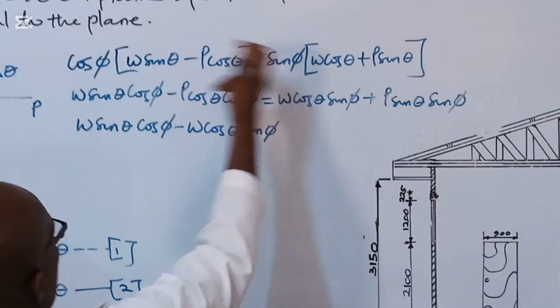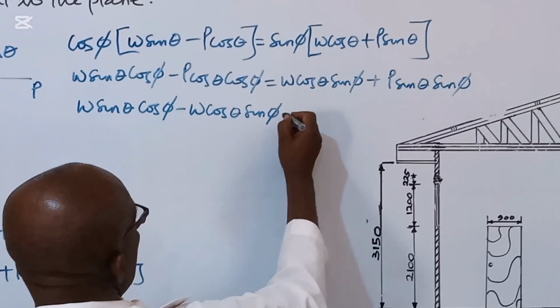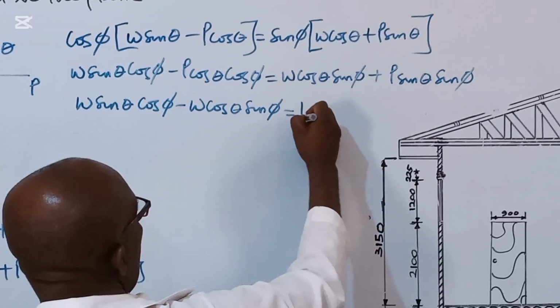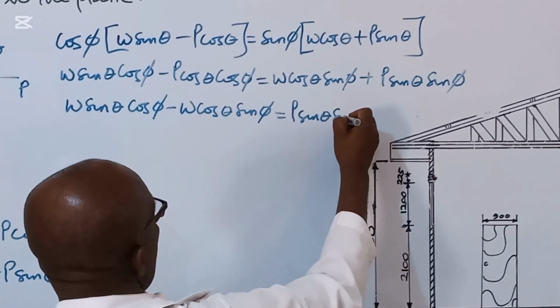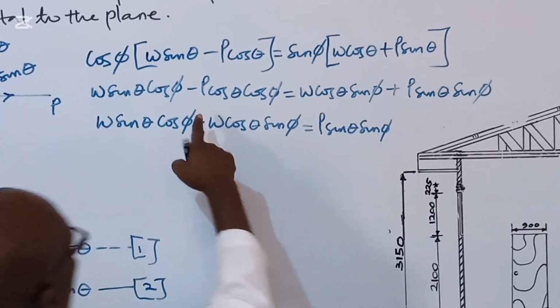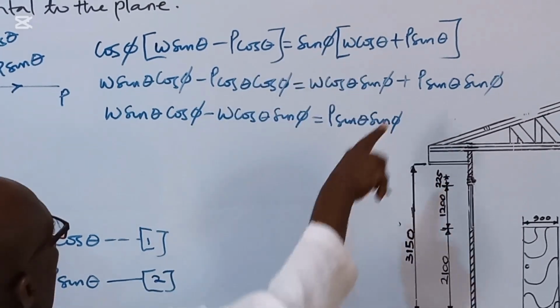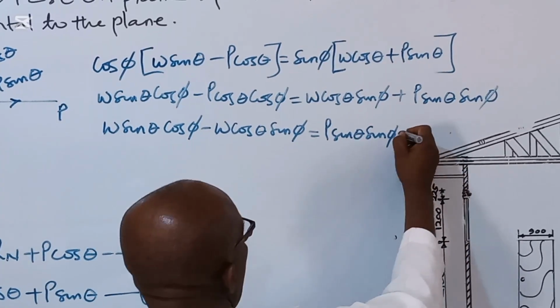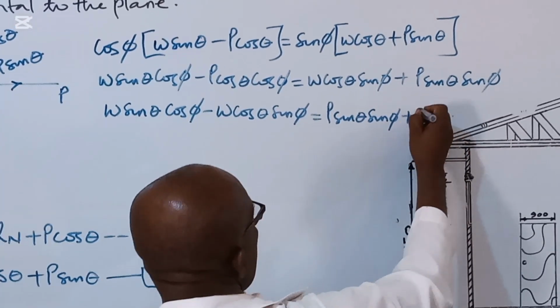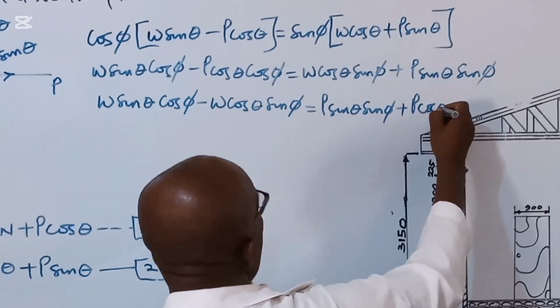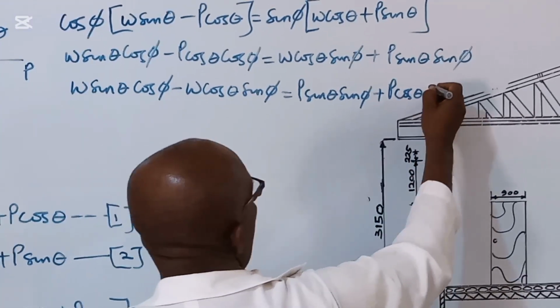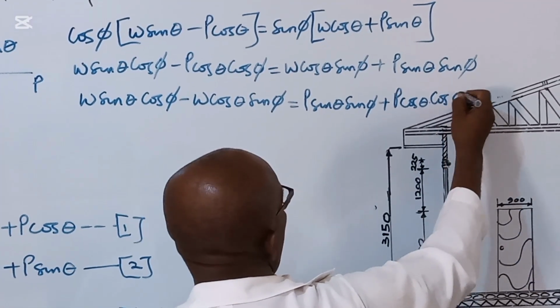And this, I take this to this side, is equals to P sin theta sin phi. As I take this to that side, it becomes plus P cos theta cos phi.